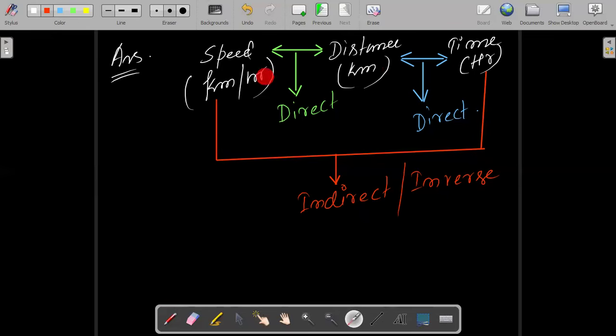These are three elements, but here this speed element again has two sub elements. In this sum, this speed alone has two sub elements. What are those? Can you tell me?